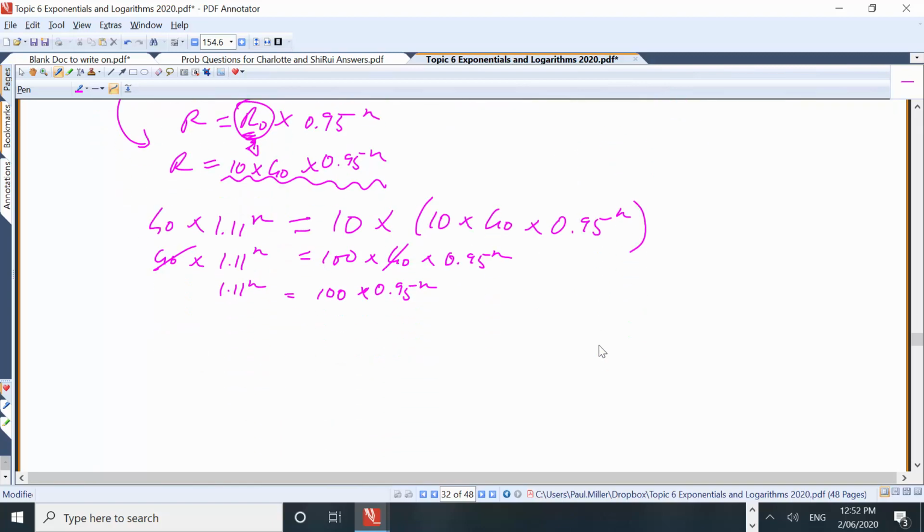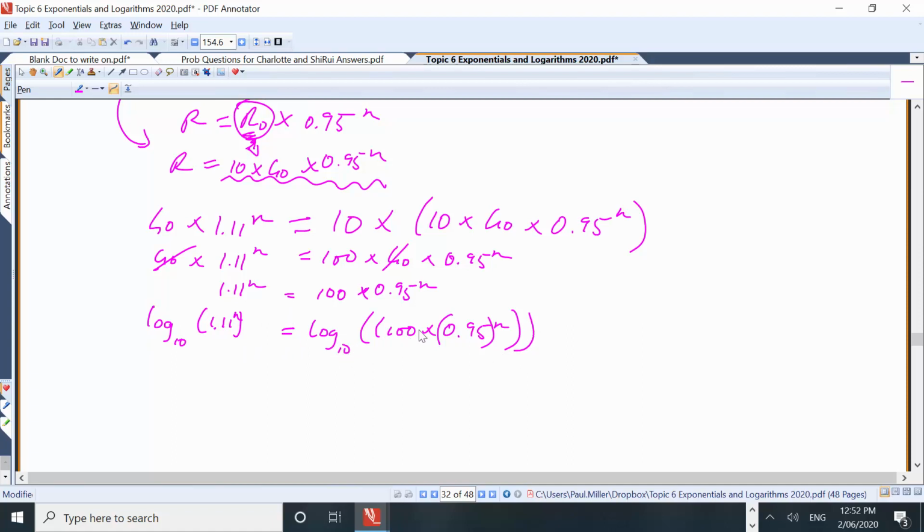All right, so I'm going to choose base 10. I'm going to go log 10, 1.11 to the n is equal to log 10, 100 times 0.95 to the n. Let's chuck some brackets around that. All right, open, open, open, close, close, close.